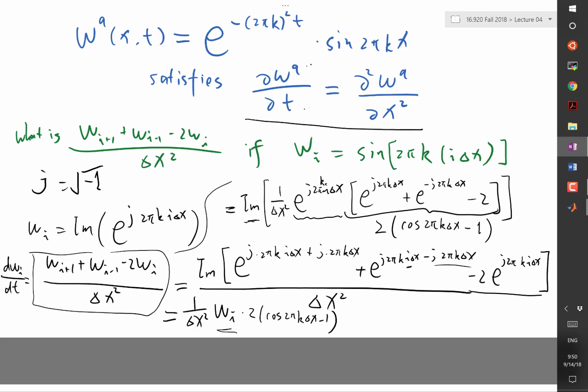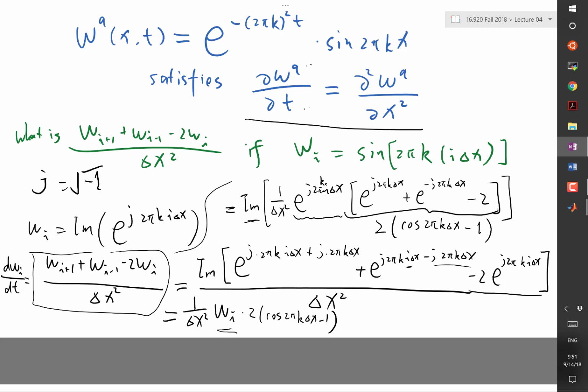Well, what if 2 pi k delta x is equal to 2 pi? That means k times delta x is equal to 1. Can somebody visualize that case? What's the grid spacing? What's the function like? So that's actually the case when delta x is the period of the function, which means no matter if it's a cosine or sine, my grid points, remember in finite difference, I only remember the value of the function at the grid points, but what if my grid points are spaced every period?